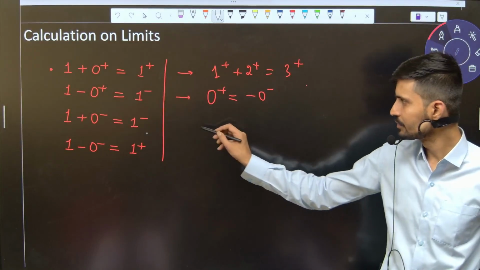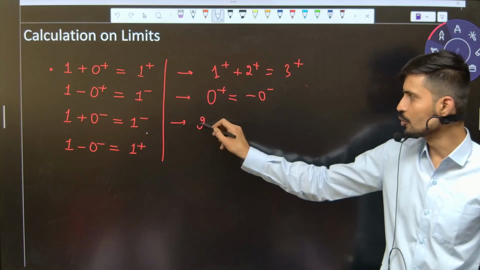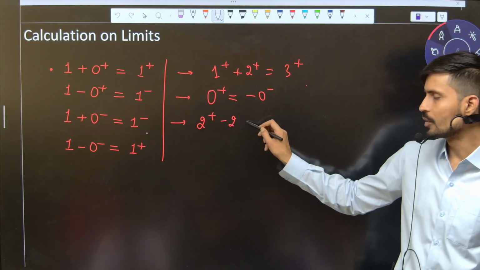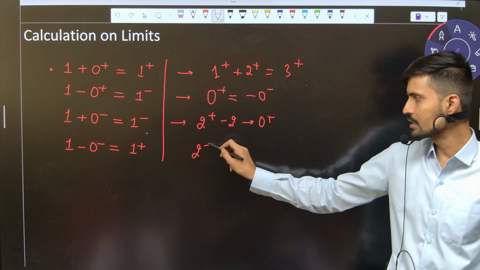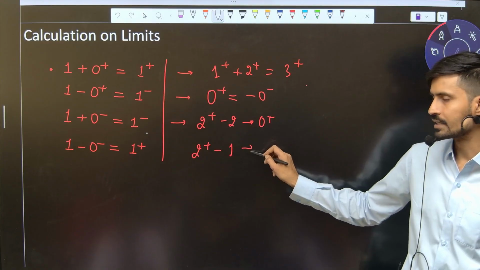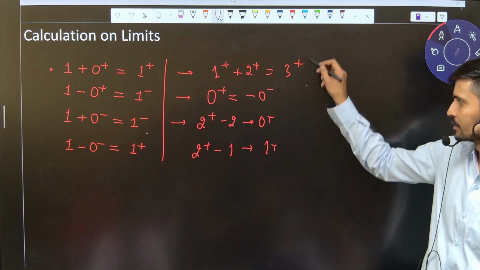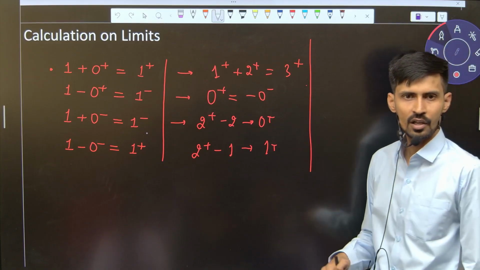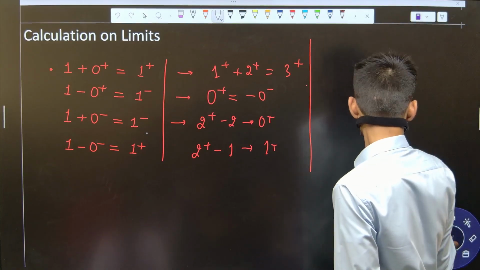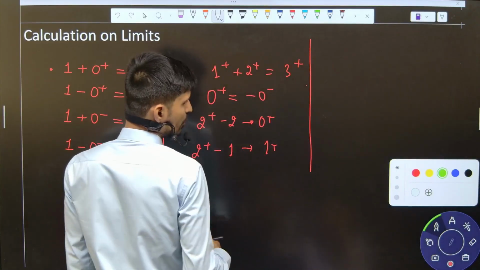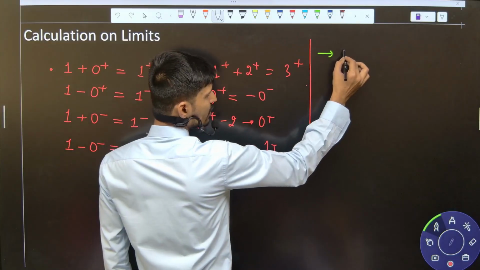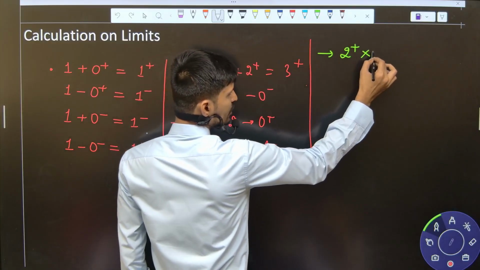Okay, next. Suppose I am saying 2 plus minus 2. What will this be? 0 plus. And I am saying 2 plus minus 1. What will this be? 1 plus. Okay? No doubt. So suppose I am saying next, 2 plus into 3 plus.